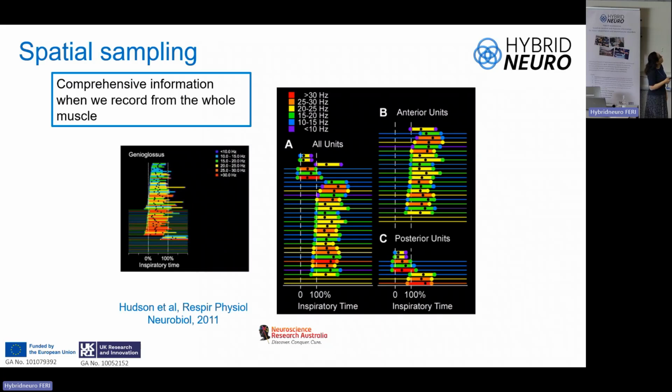If you want comprehensive information about the whole muscle, it may be important to record from the whole muscle. This muscle is also very particular because you have inspiratory units, expiratory units, phasic units, tonic units. But I hope this example convinces you that performing a spatial sampling of the muscle, at least in some cases, can be very useful to understand what's happening.